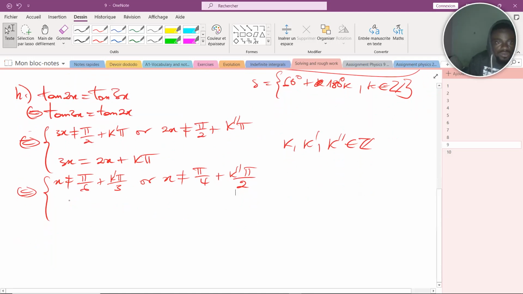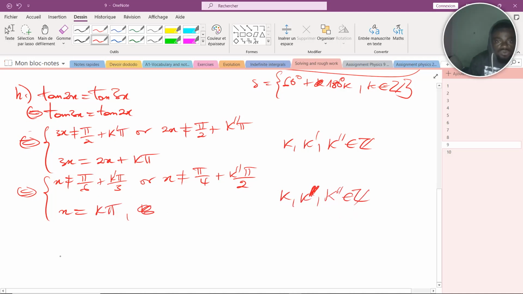Is that okay? And here we're going to have, with this 2x coming back here, x equals k pi, where k belongs to the set of integers. Is that okay?